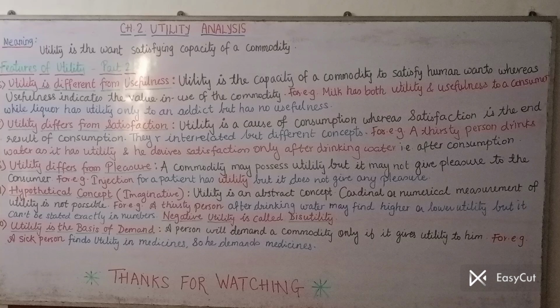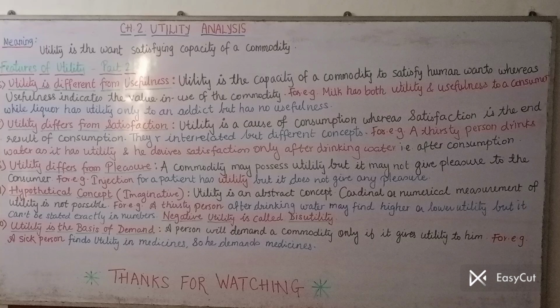Moving on to the last feature of utility, point number 10. Utility is the basis of demand. I repeat, utility is the basis of demand. See, a person will demand a commodity only if that commodity gives him utility. That means when utility is present in the commodity, then only that commodity will be demanded.